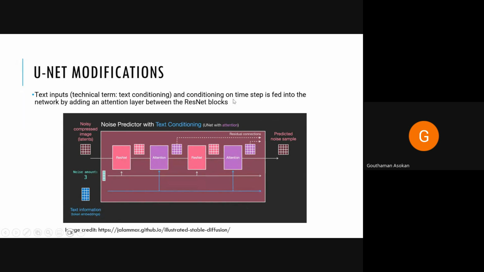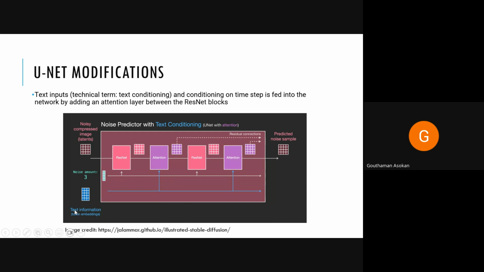This is the conditioning on the time step. Even in the reverse diffusion process, we explicitly tell the model what the time step is, and that helps in predicting the image. Here, if you see this noise amount is 3, it is telling that 3 levels of iterative noising have happened. That is the conditioning on the time step that we are talking about.